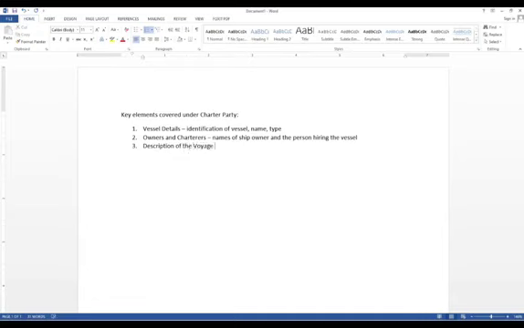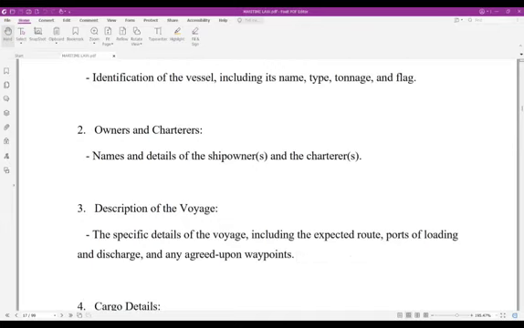This talks about the routes where a vessel will pass through, the expected route, the ports of loading and discharge, and any agreed upon waypoints where they will both meet to transact business or various businesses.